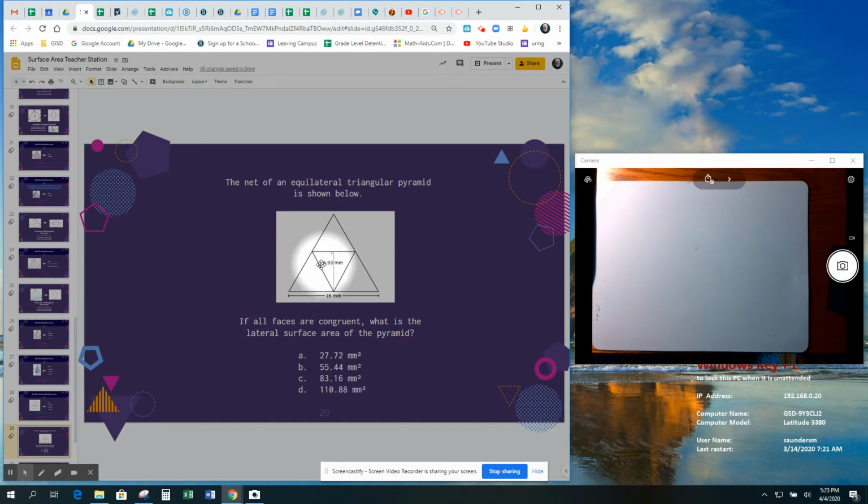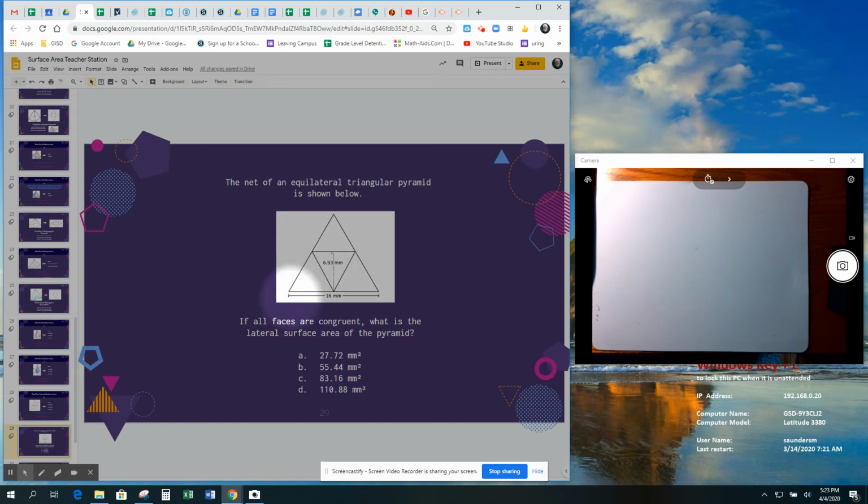All of the faces are congruent means that they're all equal. So we need to find the surface area of one of these triangles. They're all congruent, so the slant height, or the height of this triangle, is the same as the slant height of this triangle, because all the side edges are equal.